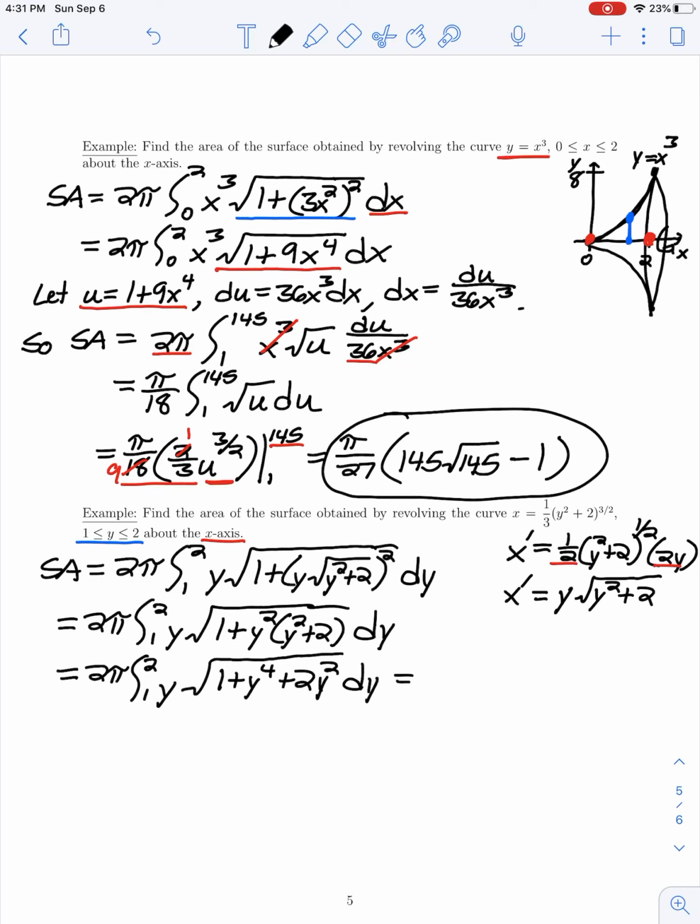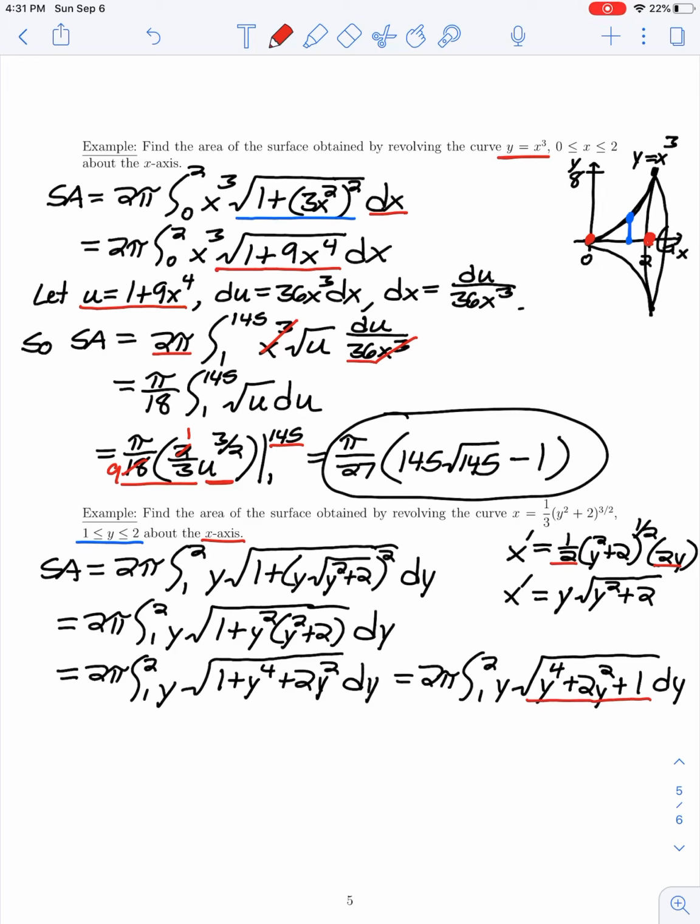And in order to explain my next step maybe in a little more detail, I'll add one extra step here. So I have under the square root, if I just rearrange the order of the terms, I'm going to put the y to the 4th power first, then plus the 2y squared, and then plus 1 dy. So I'm just going to rearrange those terms, and the reason is to explain my next step.